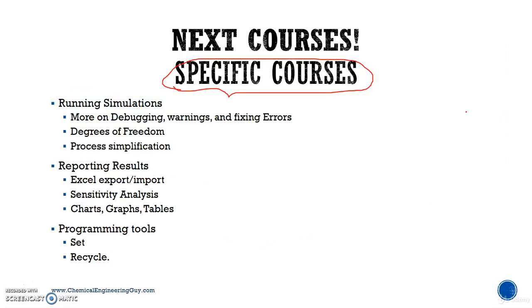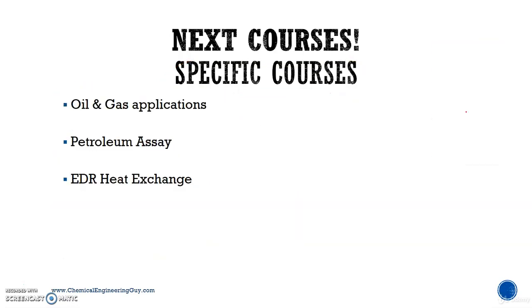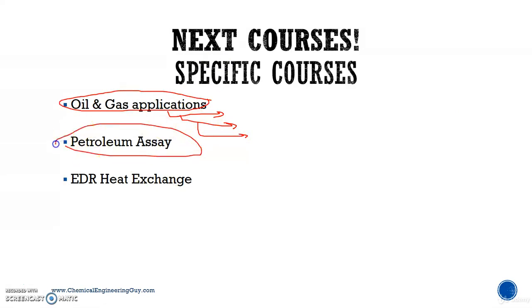And here, if you choose an advanced course on oil and gas, you will see plenty of applications for the petrochemical and gas industry. We will work on petroleum assays, specifically how to improve the assay characterization and how to model it in Aspen HYSYS.